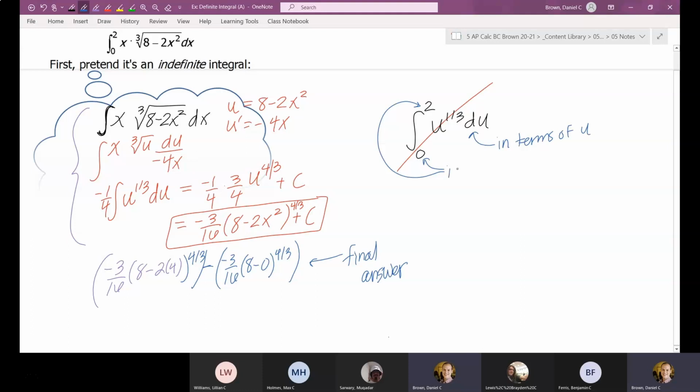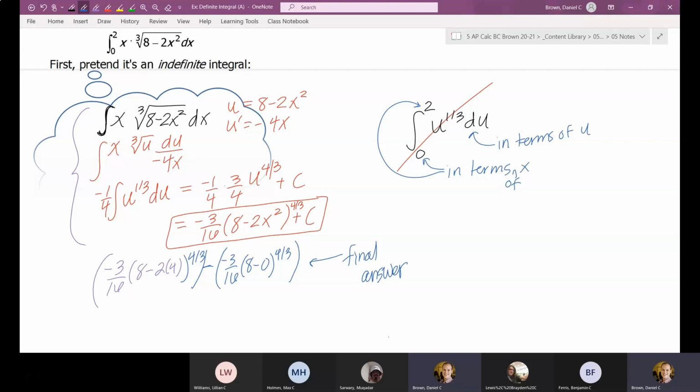X's, so those are in terms of X. So that would be considered poor notation, because you're mixing X variables with U variables. As soon as you write that down, you're going to have points taken off.